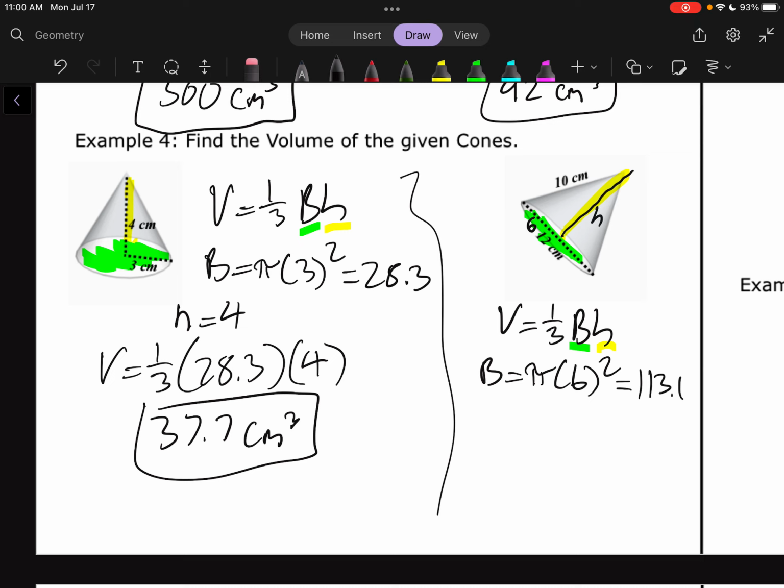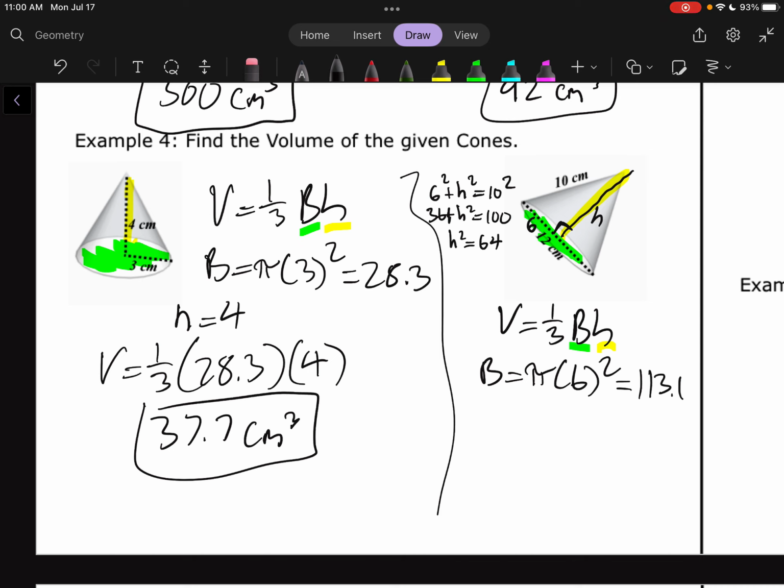Let's find that h. Now, the height, the slant height, and the radius do form a right triangle. So I'll do 6 squared plus h squared equals 10 squared. I'm going to do the Pythagorean theorem here to find out what that height is. That's 36 plus h squared equals 100.